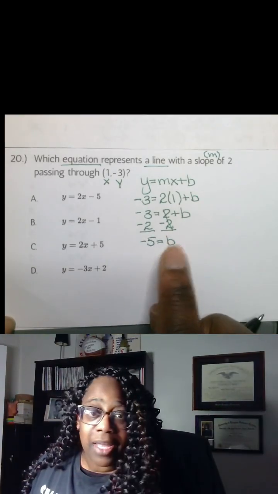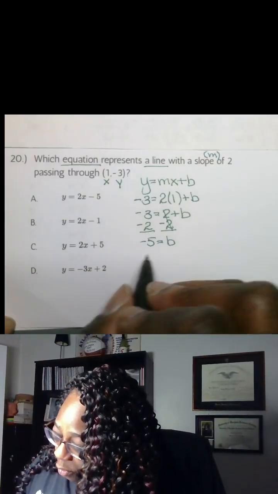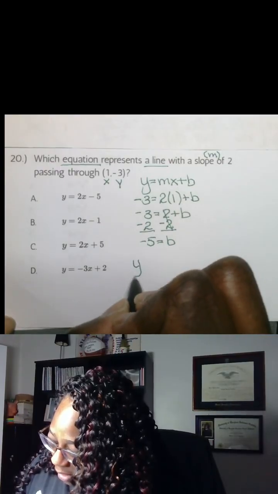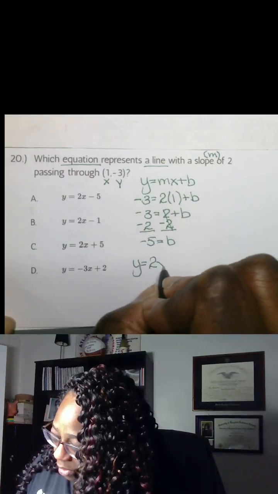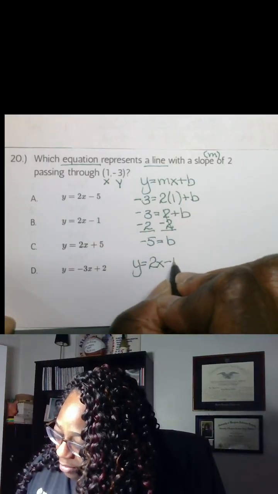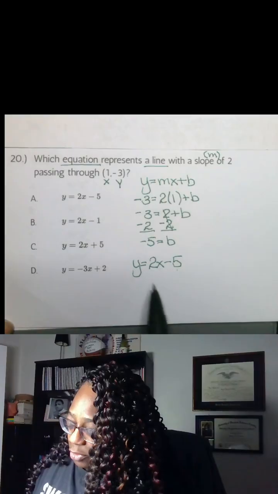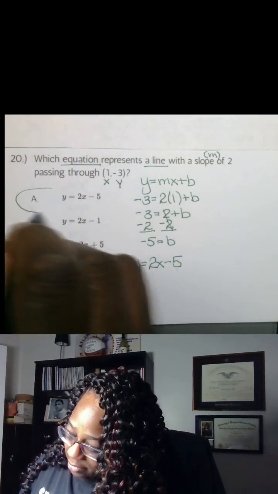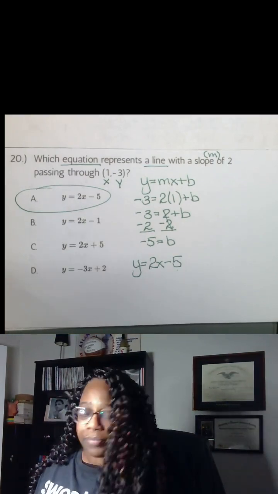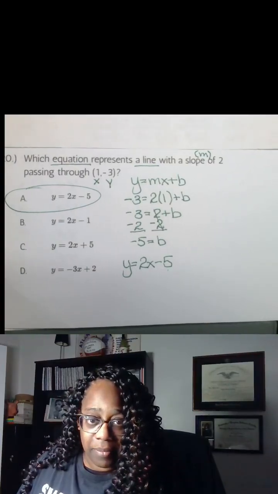So my y-intercept is going to be a negative 5. So for my equation of the line, my slope is 2, minus 5, which is my y-intercept. So we have 2x minus 5, which gives us A. That's one way of doing it.